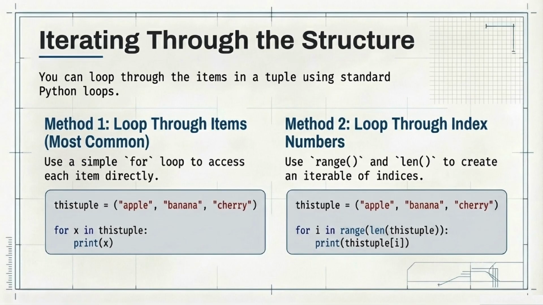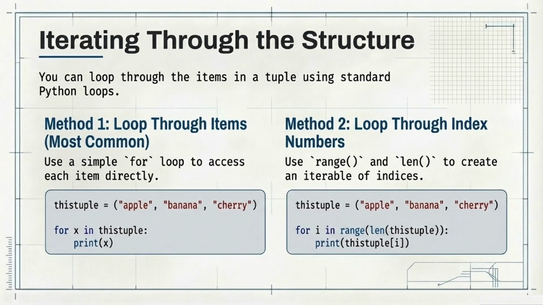Another way to iterate through the tuple is by looping through its index numbers. This approach uses the range function together with len to generate a sequence of valid indices for the tuple. For instance, using for i in range(len(this_tuple)) lets you access each element by indexing, such as this_tuple[i].